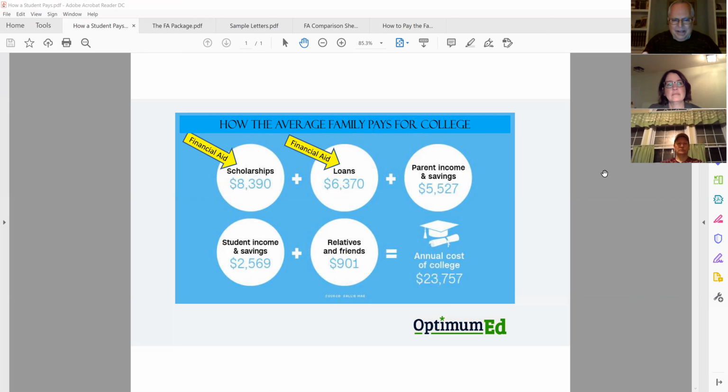And so tonight we're going to look at the financial aid piece, which drives scholarships, grants, loans, work study, those kinds of things that you get offered after you've applied, submitted your financial aid forms, and the school has an opportunity to look at your situation.